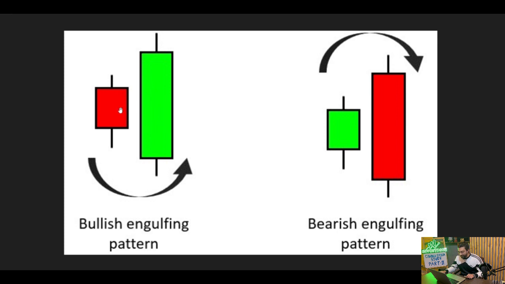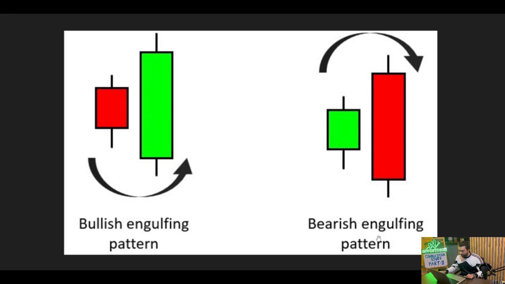So this green candle can engulf the entire red candle. This type of candlestick pattern is known as a bullish engulfing pattern, in which a bullish candle engulfs the bearish candle.